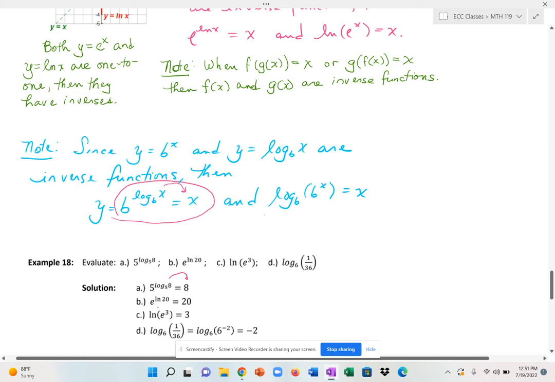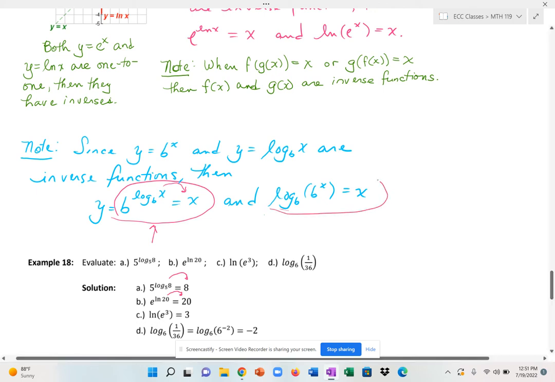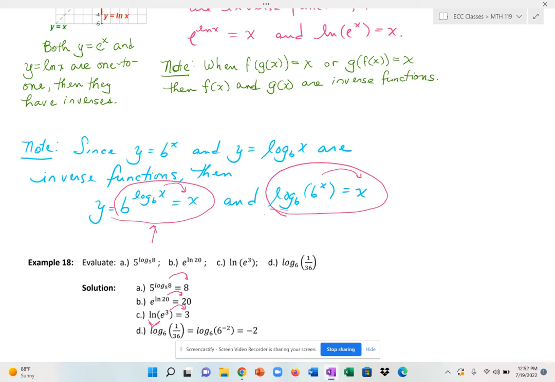E to the ln of 20, that's basically the same as this format, except my base is e, and so my answer is 20. Part C, ln of e to the 3, that's this example. Natural log has a base of e, and e to the third has a base of e. They have the same base, so my answer is just 3. Right? It's just the exponent here.